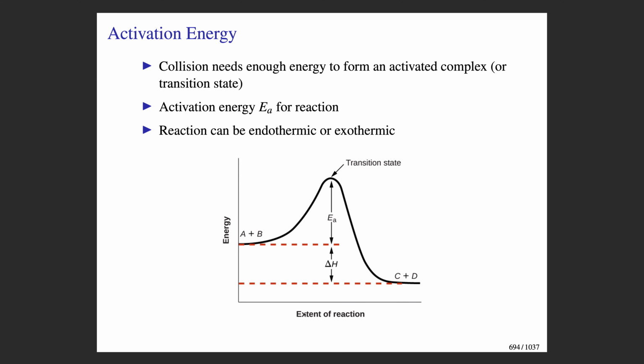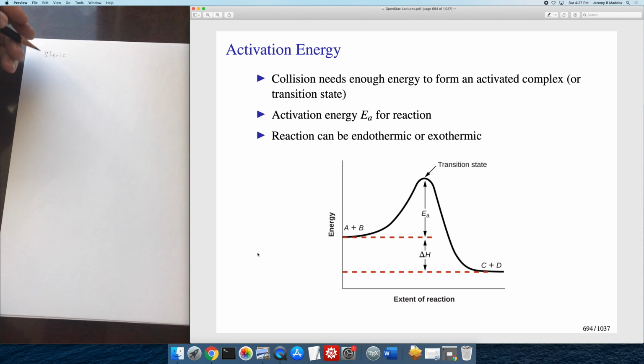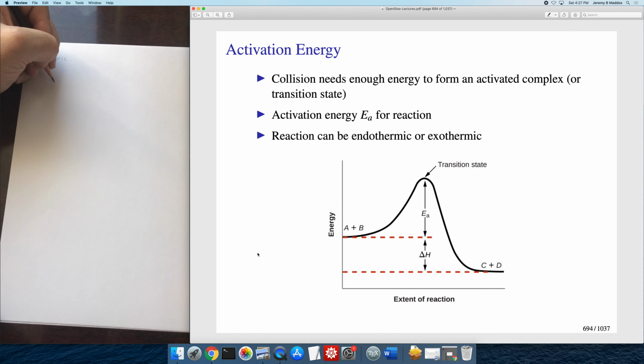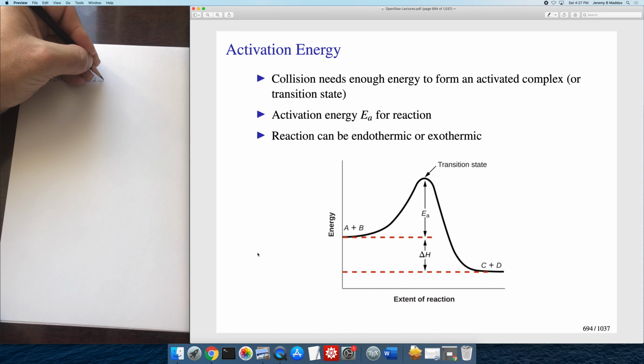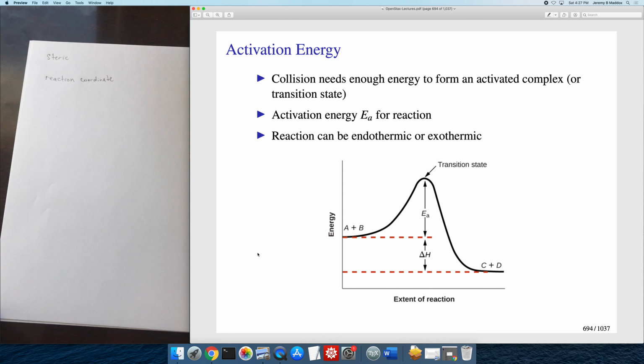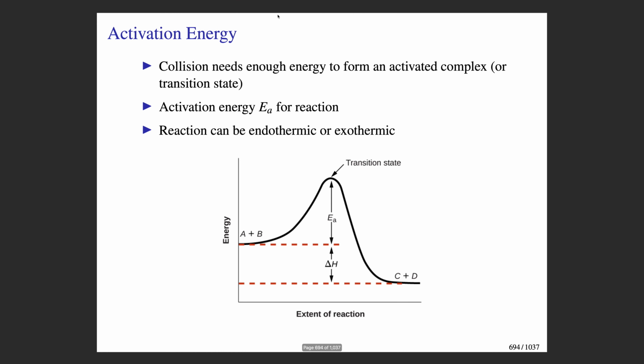It's probably not the best way to describe it. The reaction coordinate would be better, so cross out extent of reaction and replace it with reaction coordinate, which represents the minimum energy pathway that takes you from your reactants on this side of the graph to your products on that side.